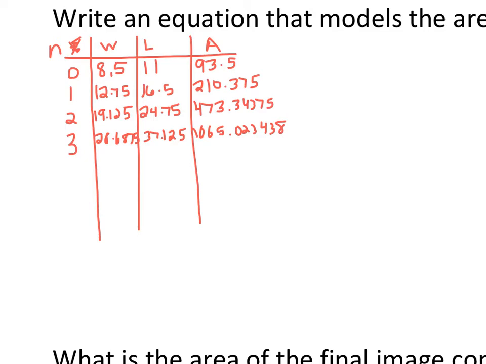We want an equation. Well, we know the starting value is 93.5. So I know that a is 93.5. To find the b, I have to figure out what's being multiplied. Well, off the top of my head, I cannot tell you what 93.5 times what gives me 210.375. So do the reverse. Do 210.375 divided by 93.5.